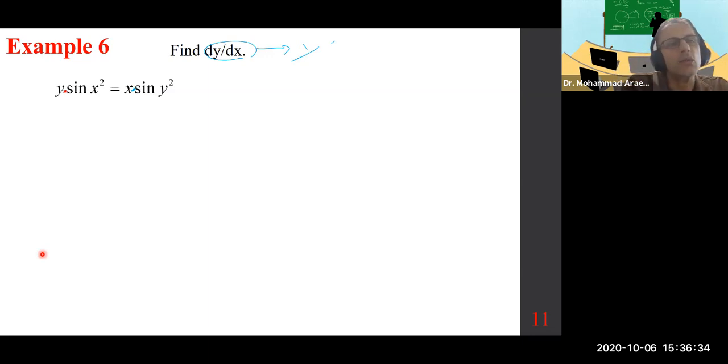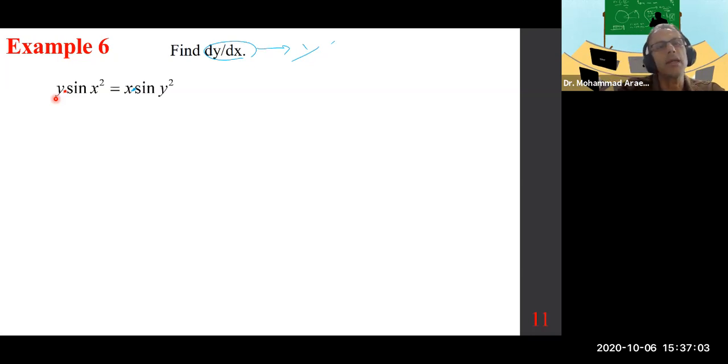So having said that, y gives you y prime times sine x squared plus sine x squared. The way I'm going to differentiate this, I'm going to read it: sine. So the derivative is cosine. Then I'm going to write the same argument, which is x squared. And I need the derivative of x squared by the chain rule, which is times 2x, and then times y by the product rule.